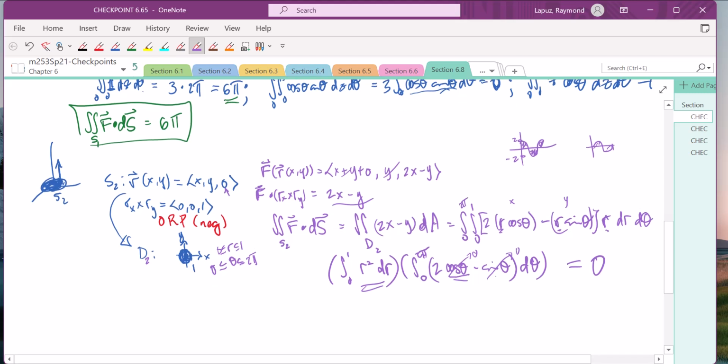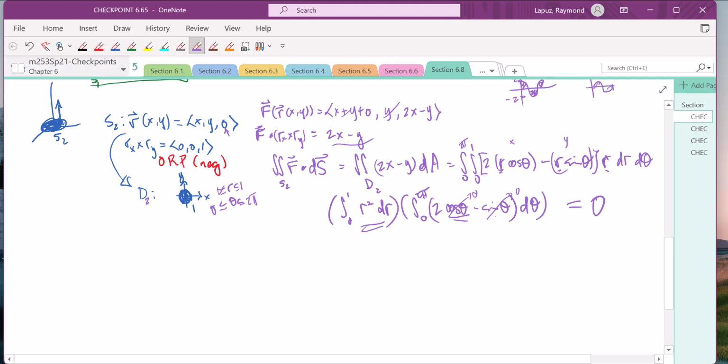All right, one more surface to go, and that surface will come from the top of the cylinder, which is essentially the same as this one. So S3 is the top of the cylinder. That's going to get parameterized with r of x, y, graph parameterization, x, y, and this time it's going to be 3.